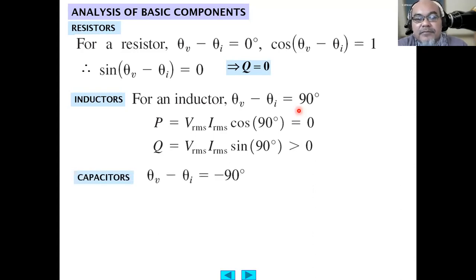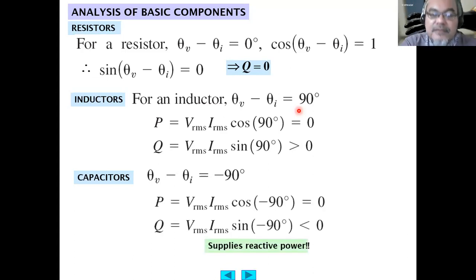When the case is a pure capacitor, theta V minus theta I equals minus 90 degrees, because the current leads the voltage by 90 degrees, or the voltage lags the current by 90 degrees.